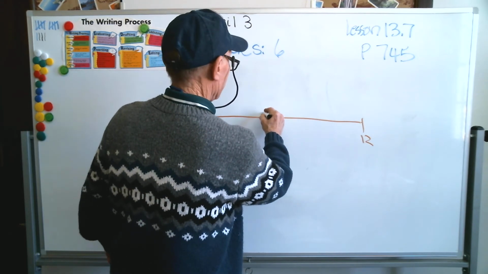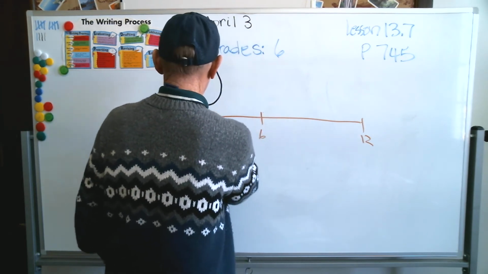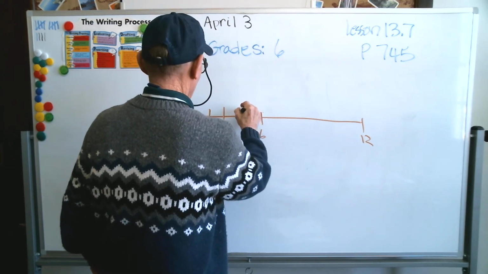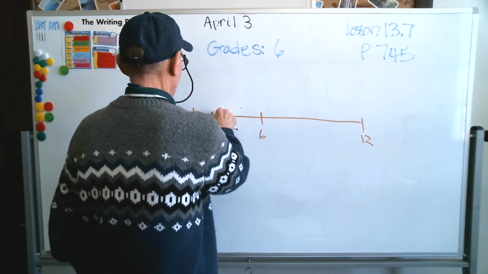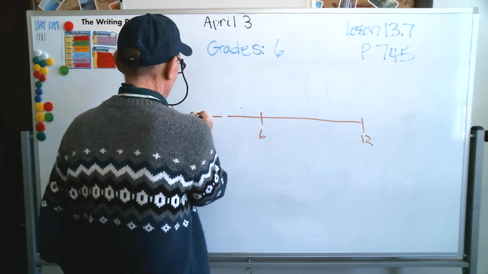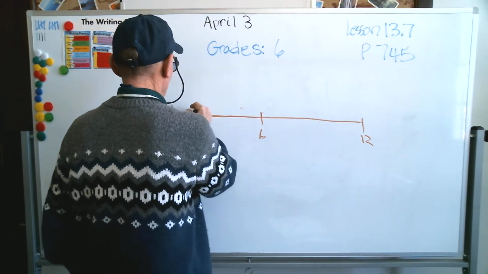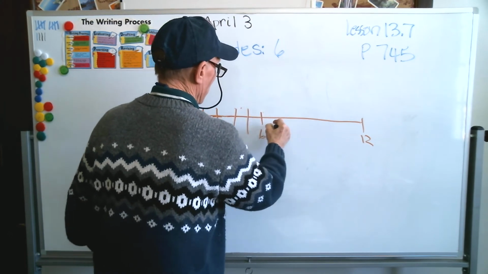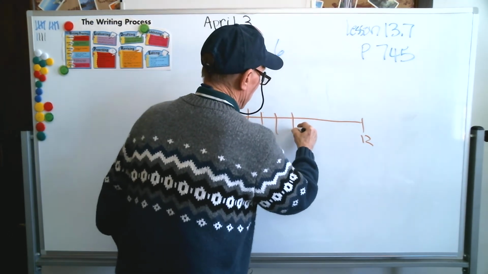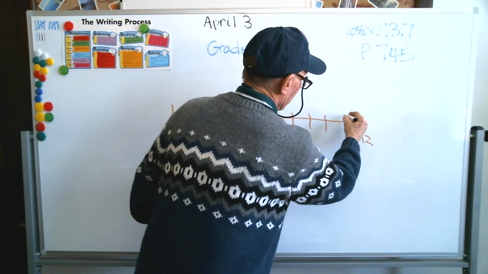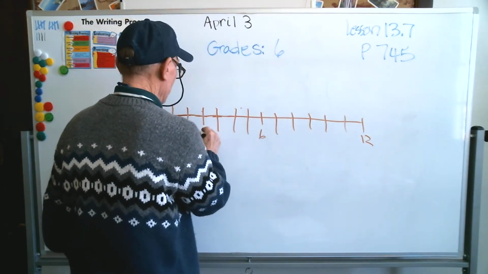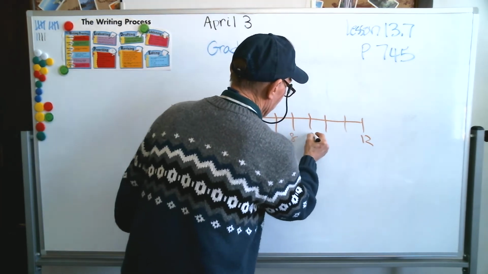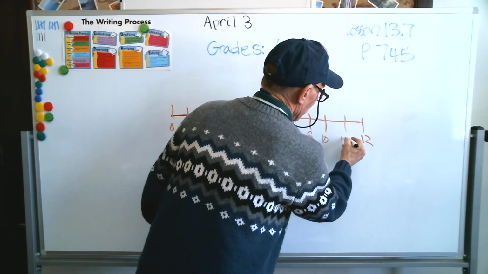So the middle of this is going to be 6. 1, 2, 3, 4, 5, 6, 7, 8, 9, 10, 11, 12.